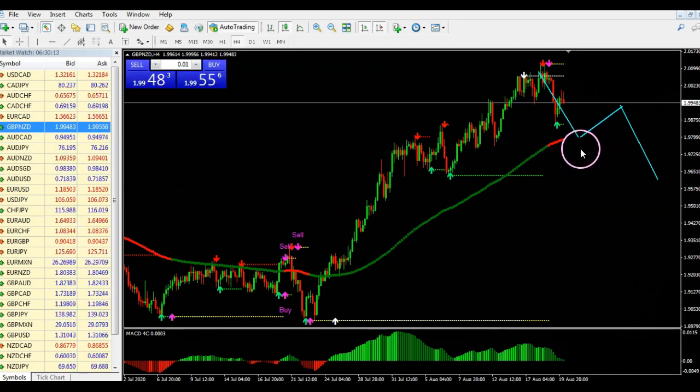On the GBPNZD, we were waiting for this to drop when we were right here. And we have support and resistance in this area. And keep in mind that I call them areas. They're not lines of support and resistance, although it's shown by lines, they're always areas. So although you get a 4-hour arrow here, that doesn't mean that it's going to stay. You can still move a little bit.